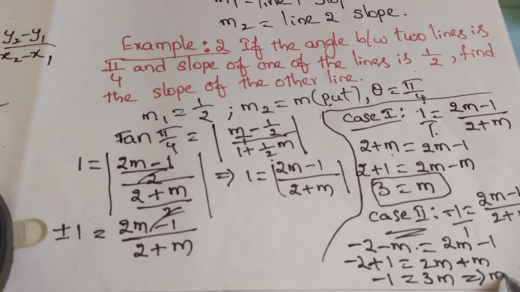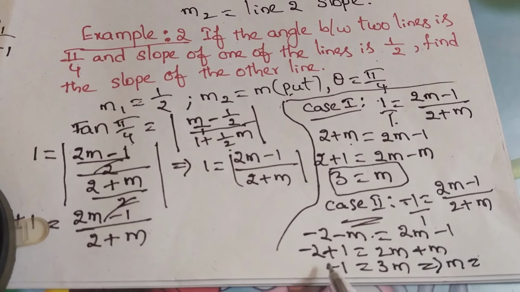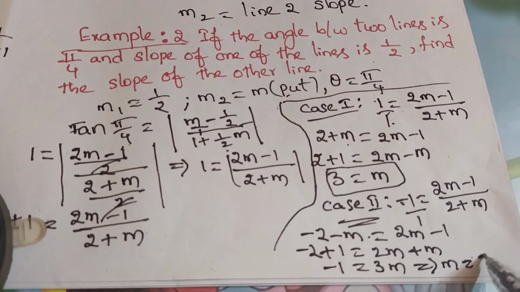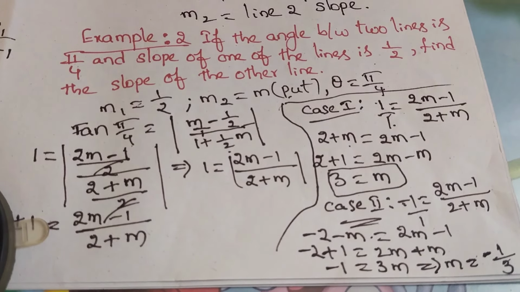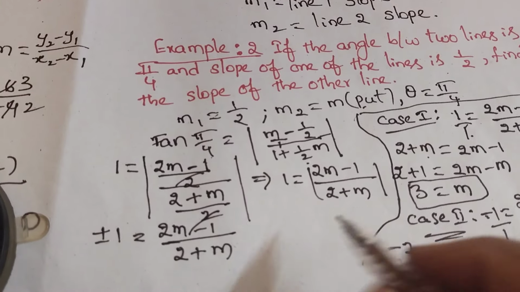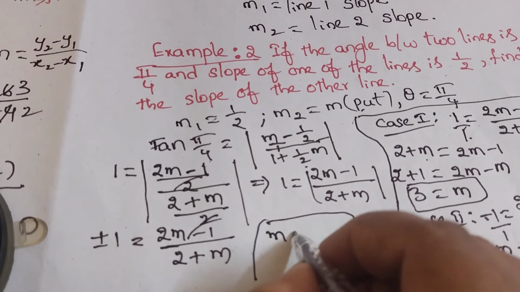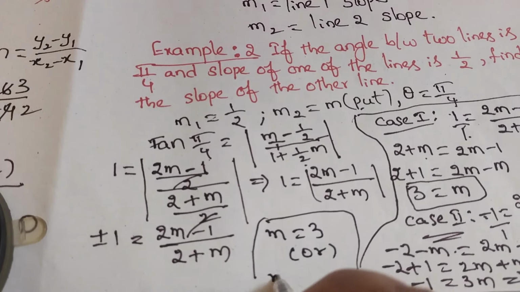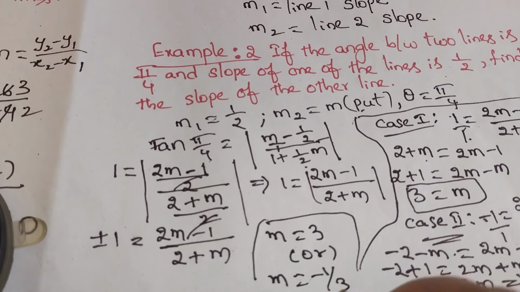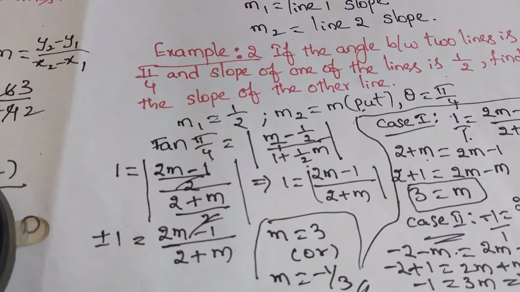So what is m? m is equal to, send this 3 to left hand side, minus 1 by 3. So the slope of the second line is, answer is m is equal to 3 or m is equal to minus 1 by 3. So this is the solution for this example 2.